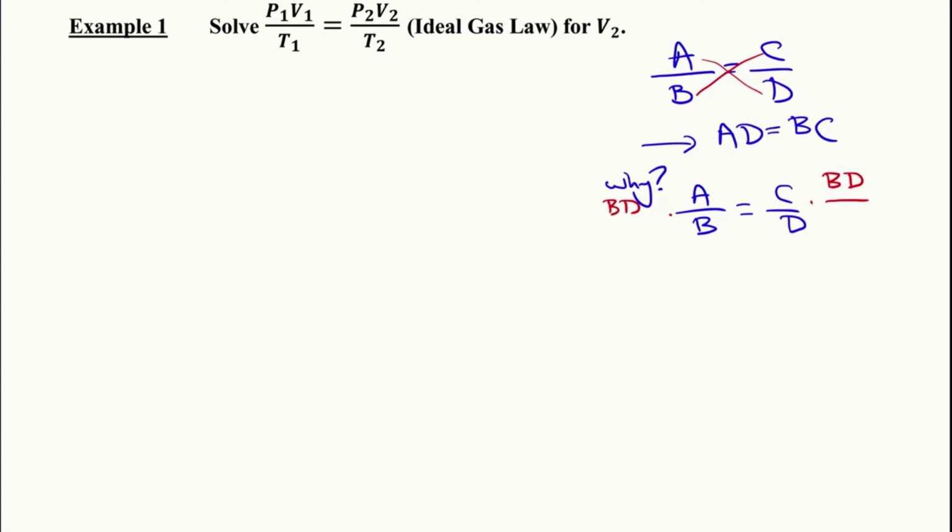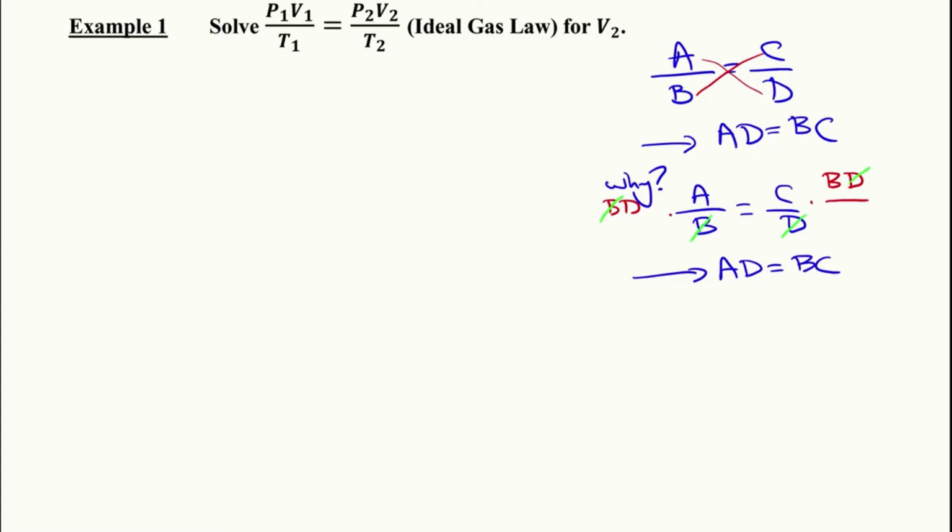And here we can cross cancel these on this side and these on this side. And that's how we end up with AD is equal to BC.